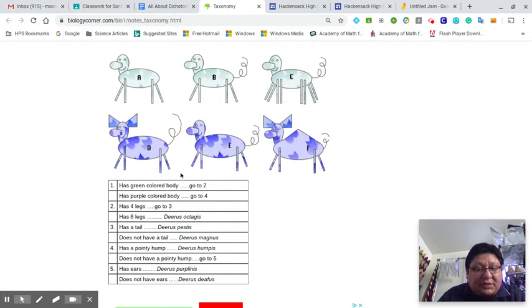That seems green to me. Go to number two. Has four legs, has eight legs. One, two, three, four. It has four legs. Go to number three. Has a tail, does not have a tail. No tail. Guess what? The name of creature A, the scientific name, Dirus magnus.